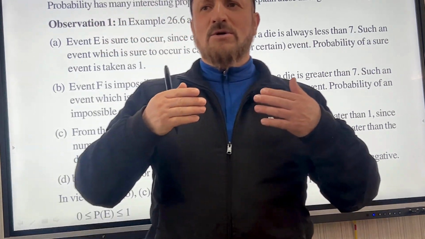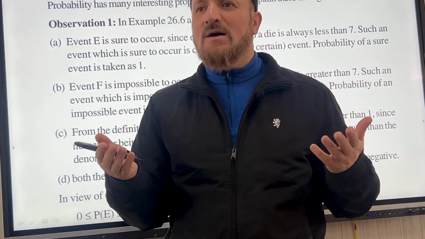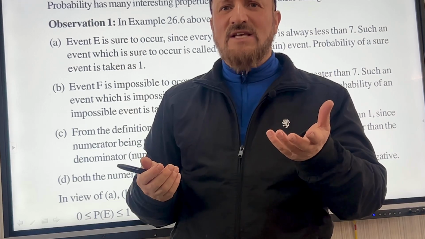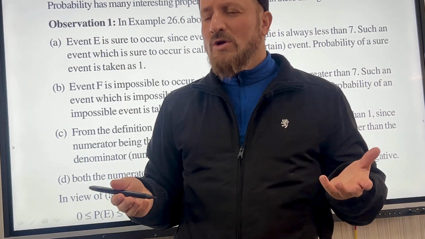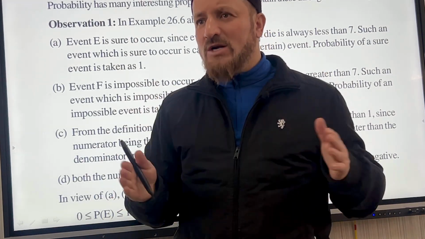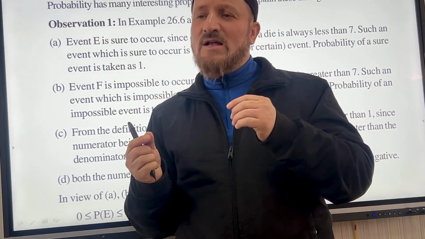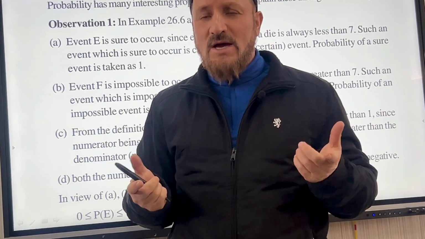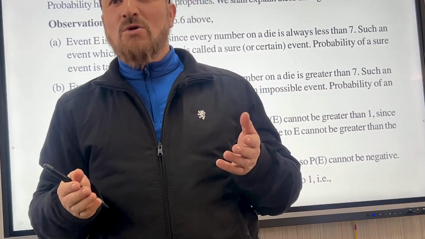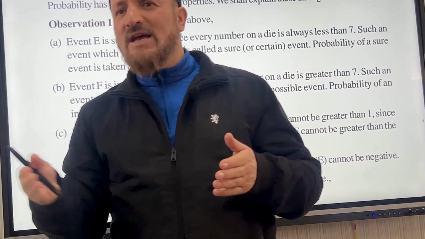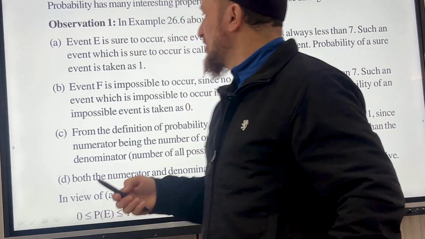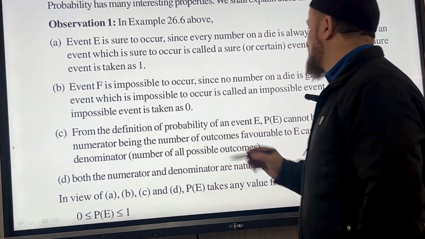We said when the number is more than 7, if you are rolling the die, will the 7 ever come? No. We know that it will not come. Will a number less than 7 come? Yes, we are sure. We don't know whether 1, 2 or 3 will come, but something less than 7 will come.